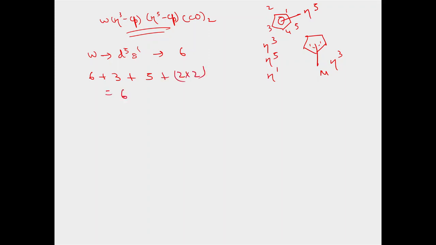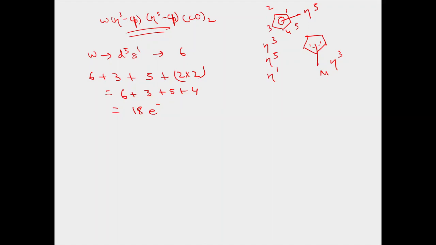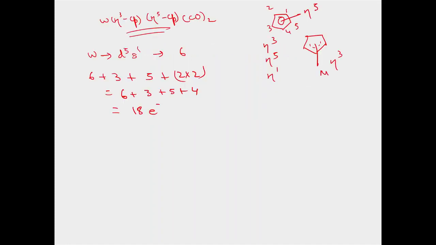So it is 6 plus 3 plus 5 plus 4, that is 18. So the number of valence electrons for this tungsten complex, which is given in the question, is 18 electrons. The answer is 18. It's clear, right?